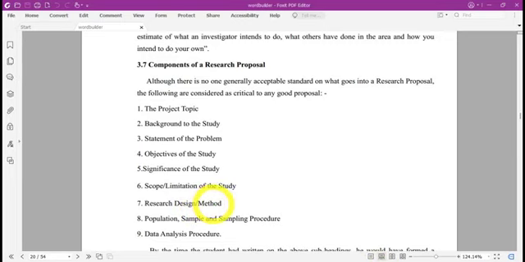That's your methodology, how you intend to go about the work. What are the stages? What are the things you need to carry out? How do you intend to go about it? That's the design or the method you want to use.